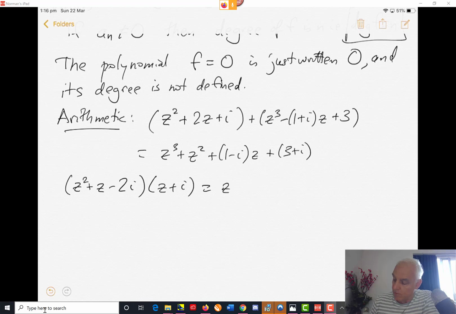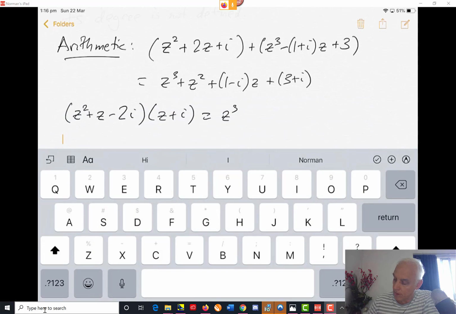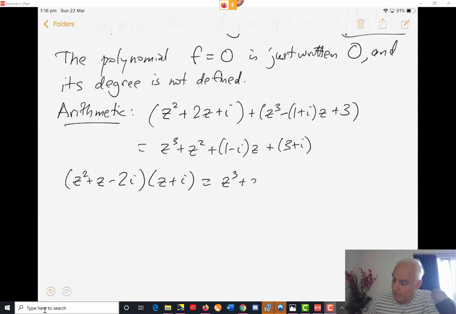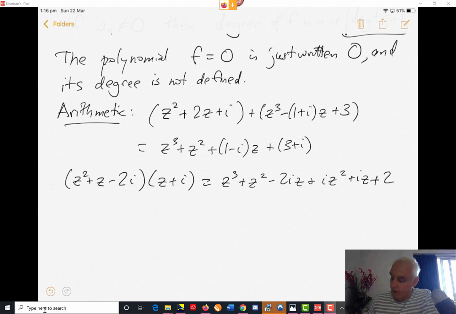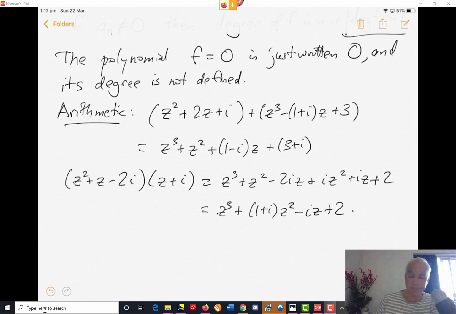Multiply everything by z: z cubed plus z squared minus 2iz, and then we multiply by i: i z squared plus i z plus 2, because i squared is equal to minus 1. And that simplifies perhaps to z cubed plus 1 plus i z squared. And how many z's? Maybe minus iz plus 2, something like that.